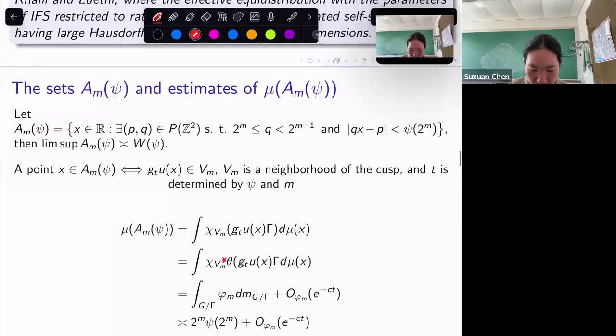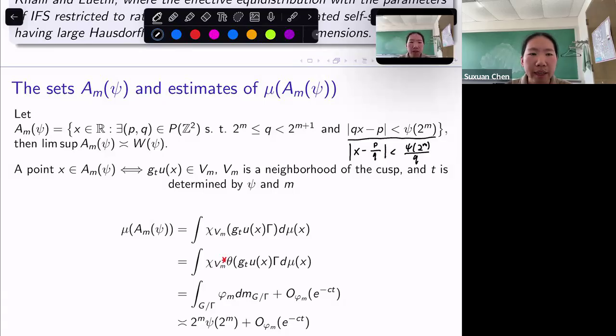So we can view A_m as the collection of many intervals, because if we divide both sides by q, we have |x - p/q| less than psi(2^m)/q. So this gives us an interval around p/q. And if m is very large, the intervals in A_m(psi) are disjoint.